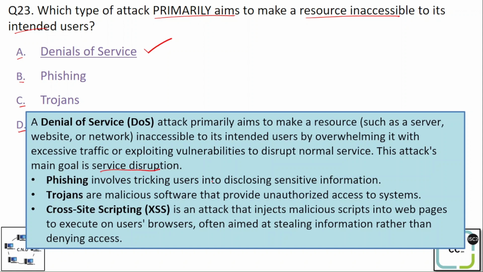Phishing involves tricking users into disclosing sensitive information. Trojans are malicious software that provide unauthorized access to systems, and cross-site scripting is an attack that injects malicious scripts into web pages to execute on users' browsers, often aimed at stealing information rather than denying access.